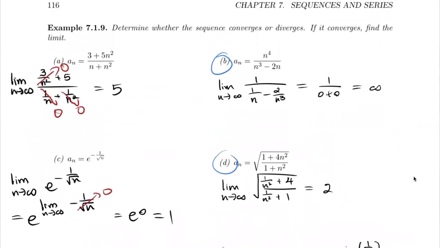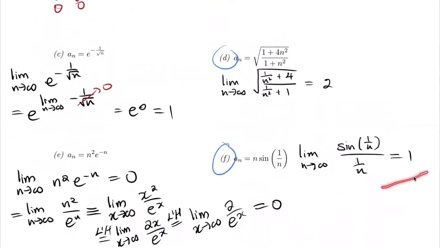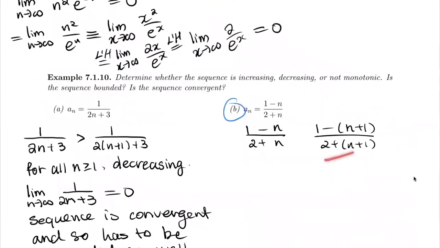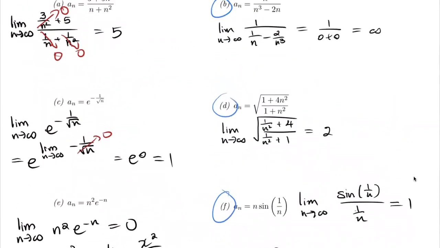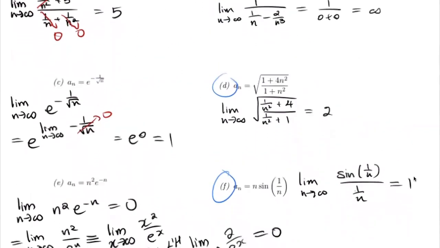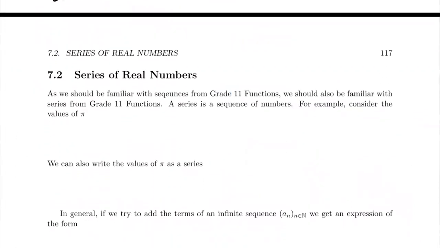So these are the answers to B, D, F, and this one I still had to do, but those three are the ones I assigned, so those are the answers if you want to have a look at them. Anyways, let's get started with this section here.